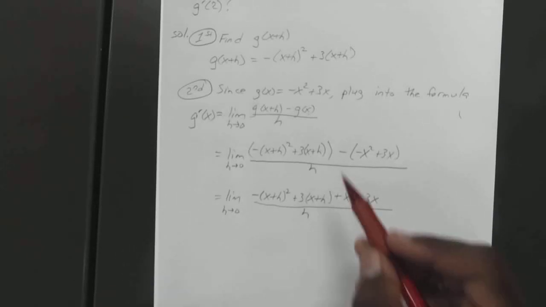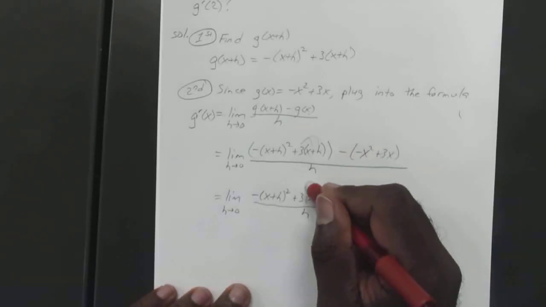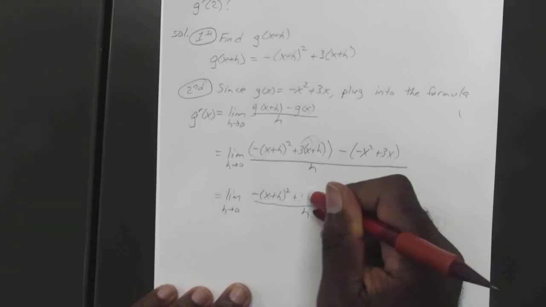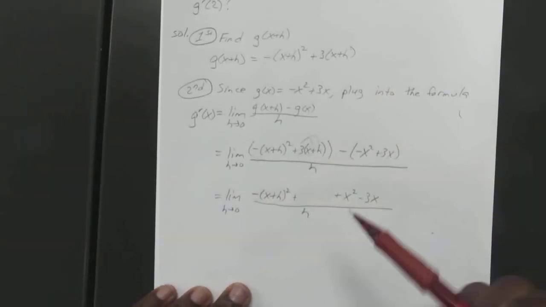Actually, we could have skipped a step and just distributed this now. So it can be 3x plus 3h. That would help some space.